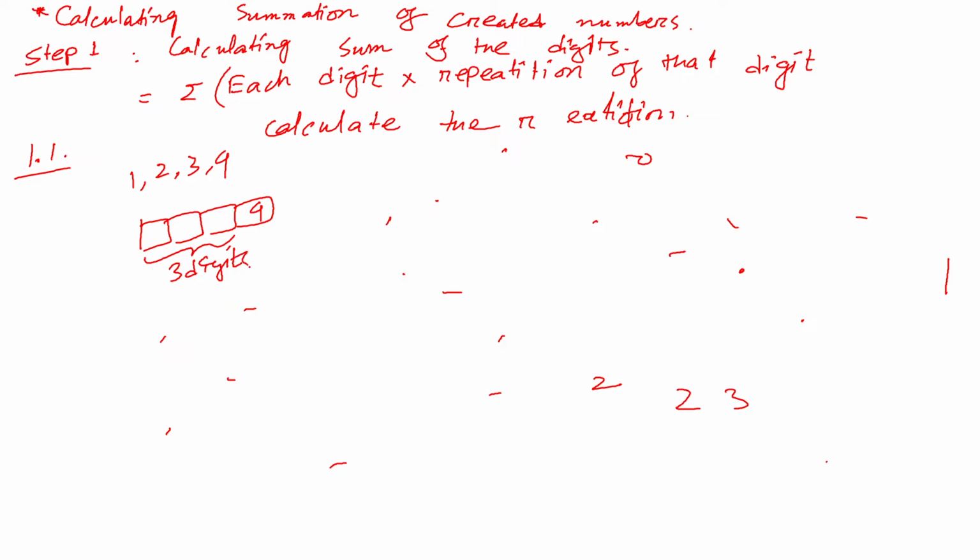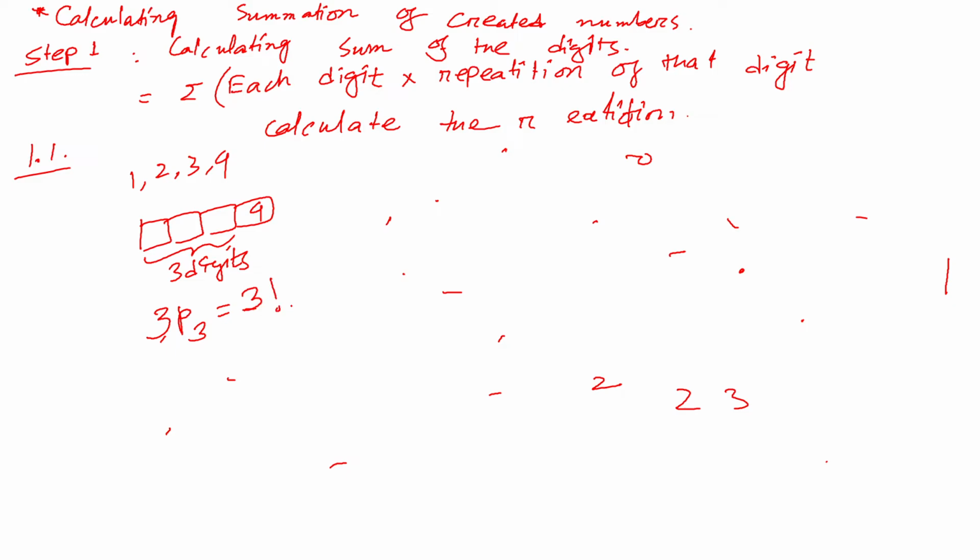So how many ways can you fill 3 boxes using 3 digits? You can use each only once, so 3p3. Now 3p3 is exactly equal to 3 factorial.